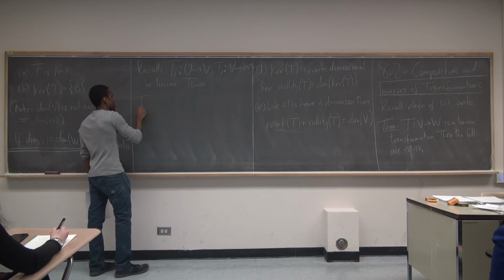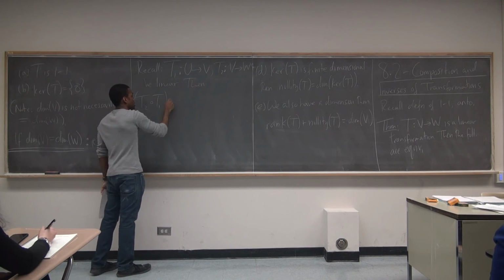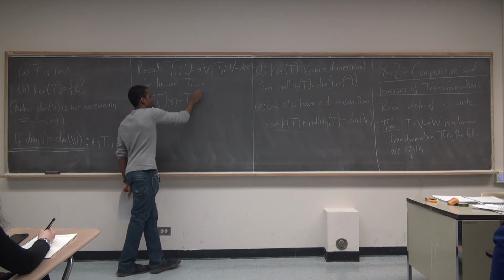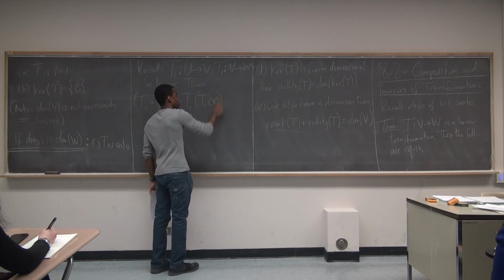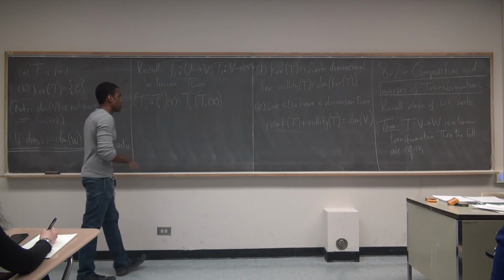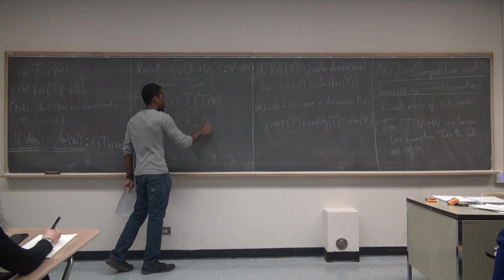And these are the definitions. T2 composed with T1 of X is just T2 of T1 of X, which you might call T2T1 of X for short.